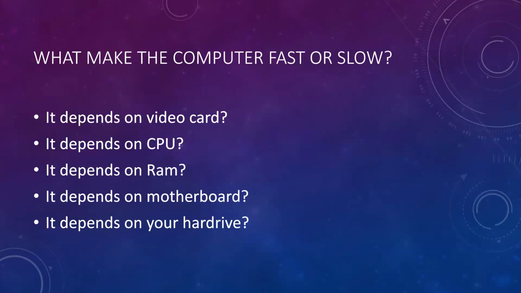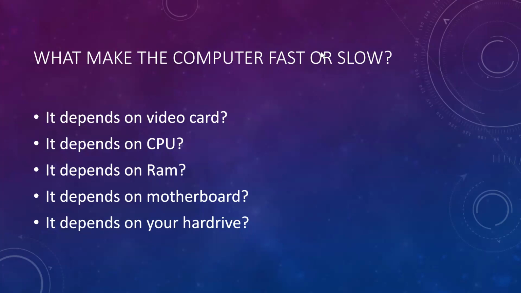So this is my question to all of you. Which components or parts of the computer make the computer fast or slow? Can you tell me any ideas? It depends on the video card, the CPU, RAM, motherboard, or your hard drive.